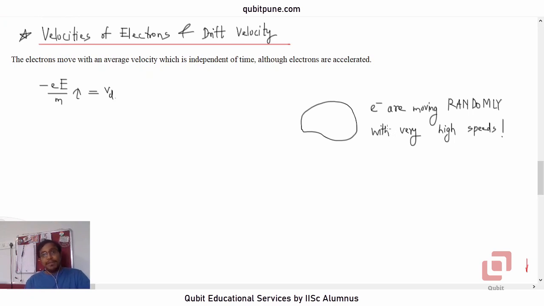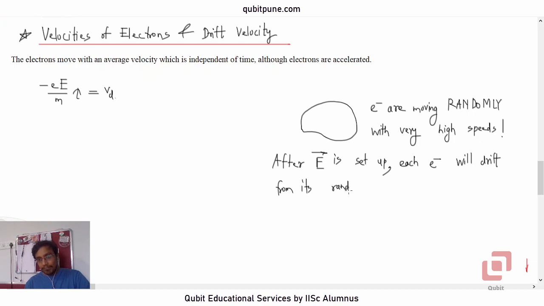Now what happens if an electric field is established in the wire? After E bar is set up, each electron will drift from its random path. Why will it drift?